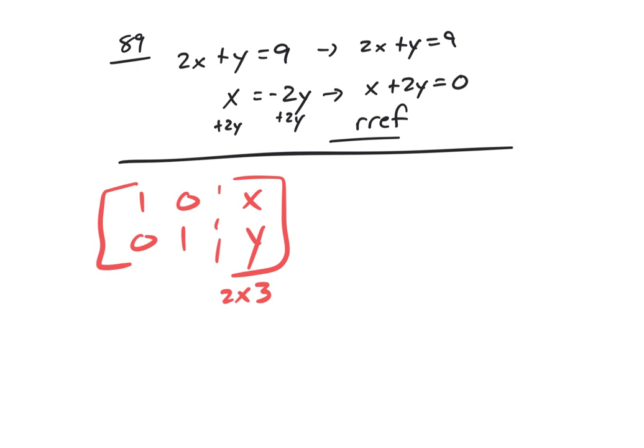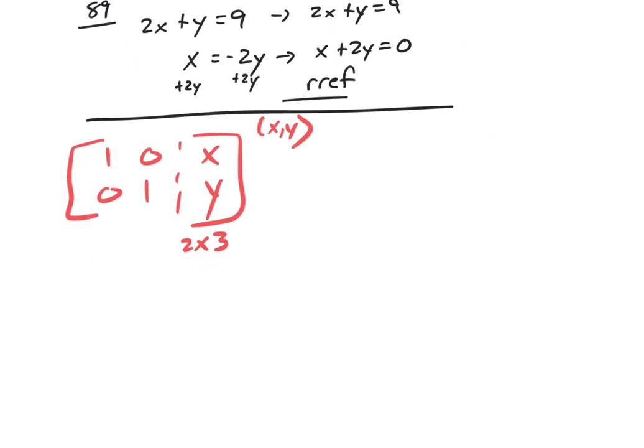This over here is what RREF should look like, okay? 1, 0, 0, 1. If it doesn't look like this, then I don't have an ordered pair as an answer. If it looks like this, then your answer is an x, y ordered pair. It's those two numbers, okay?